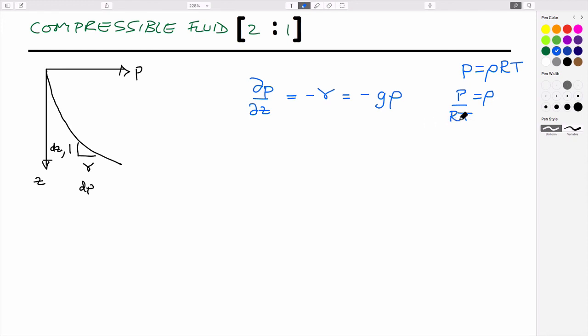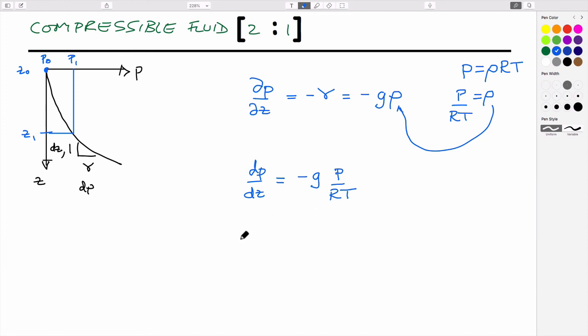And so what we could do is substitute that in here, in which case we would have dP/dz is equal to minus gravity times pressure over R, the gas constant, times temperature. We want to be able to integrate from one location at Z0 to Z1 to get from P0 to P1 once again.